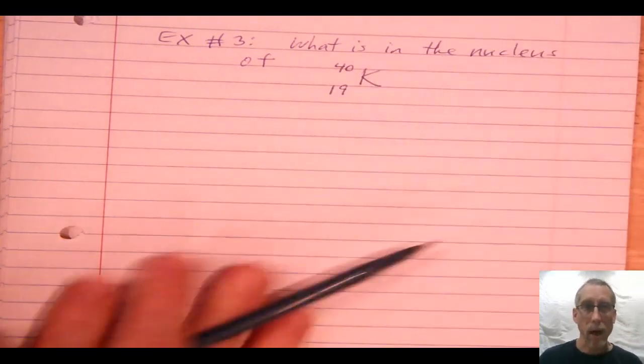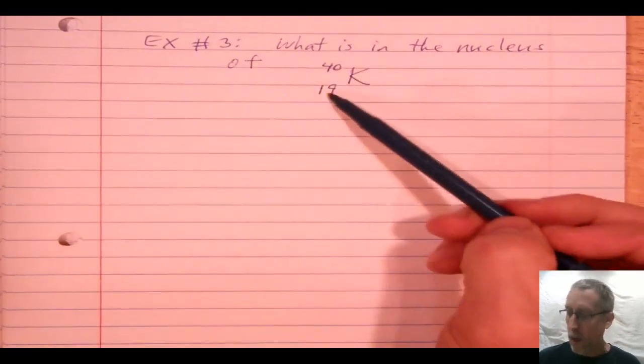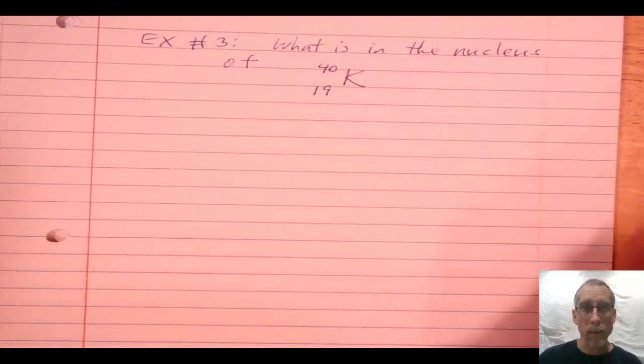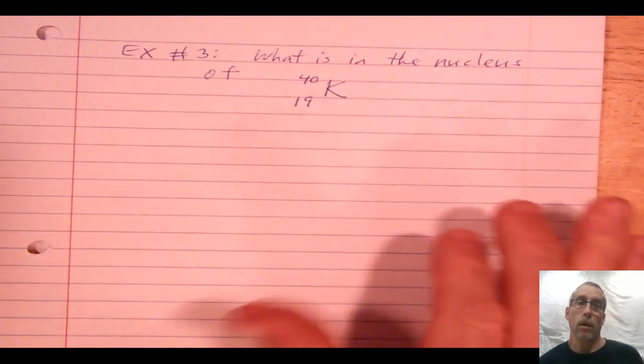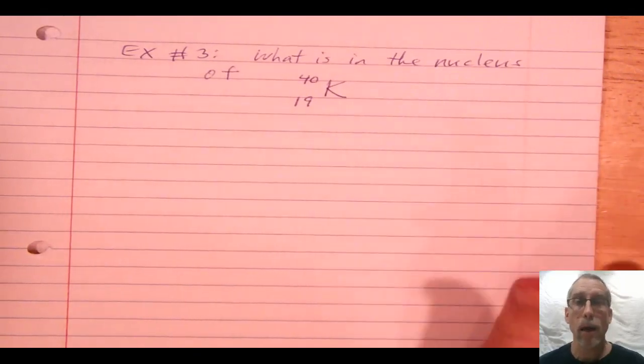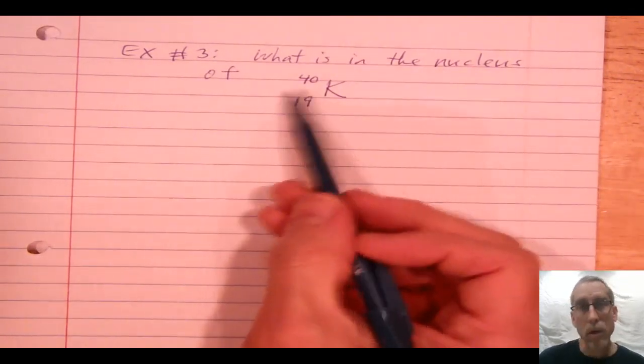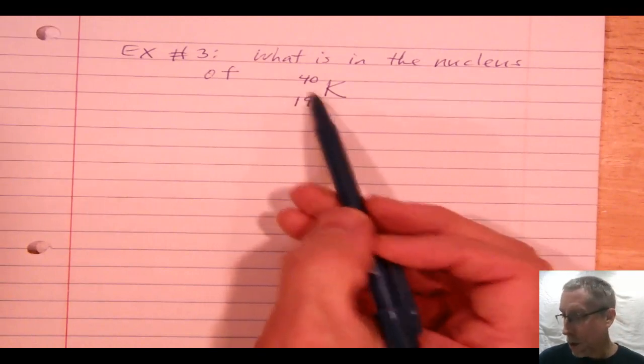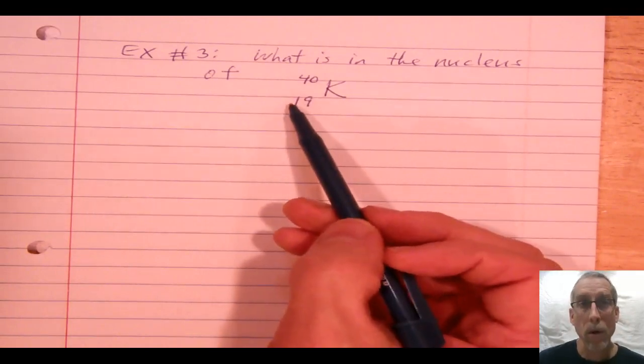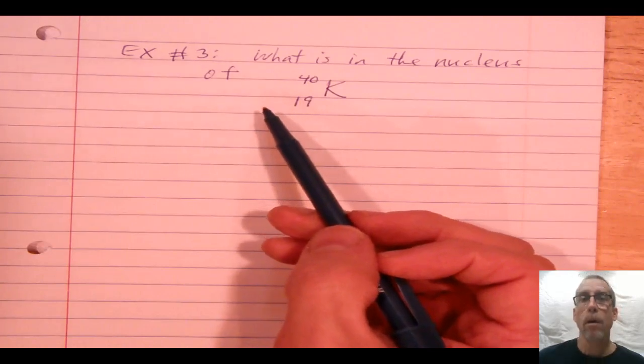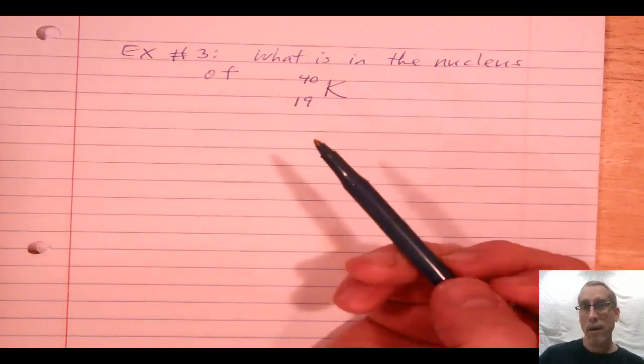So it's the letter K, 40 in the upper left and 19 in the lower left. Okay? So every nucleus has protons or neutrons in it. How many of each? Always start with this lower left number here, because that 19 tells you the number of protons. How else could you figure out the number of protons? Do you know this?